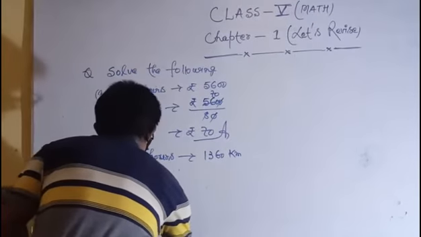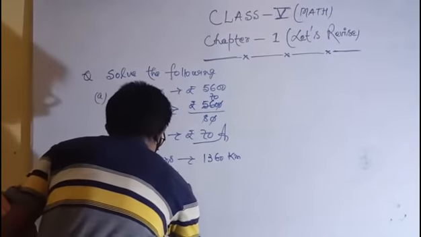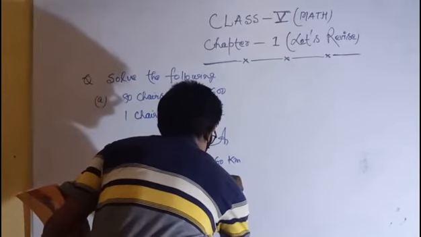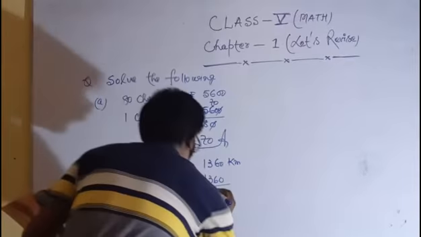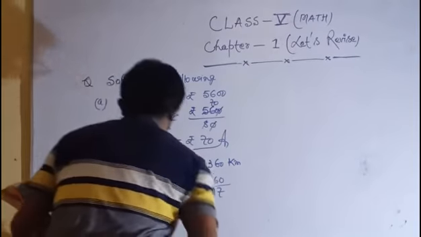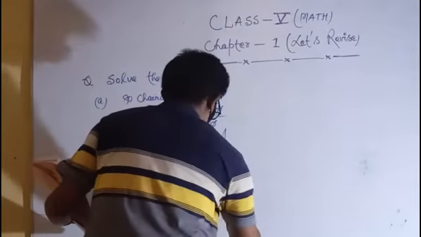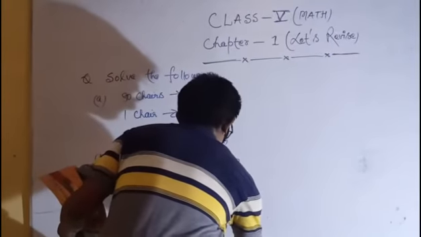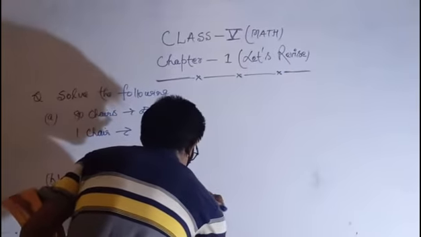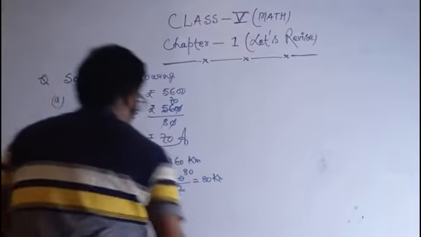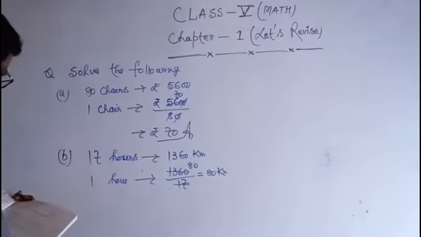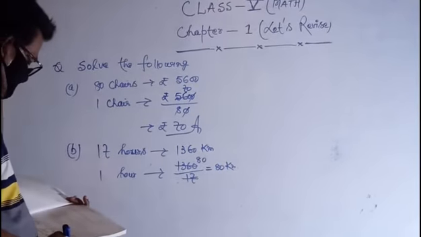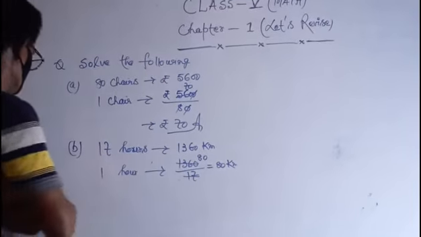In 1 hour it will cover less than 1360 kilometers, so we divide. That is 80 kilometers. And what is the distance in kilometers for 32 hours?